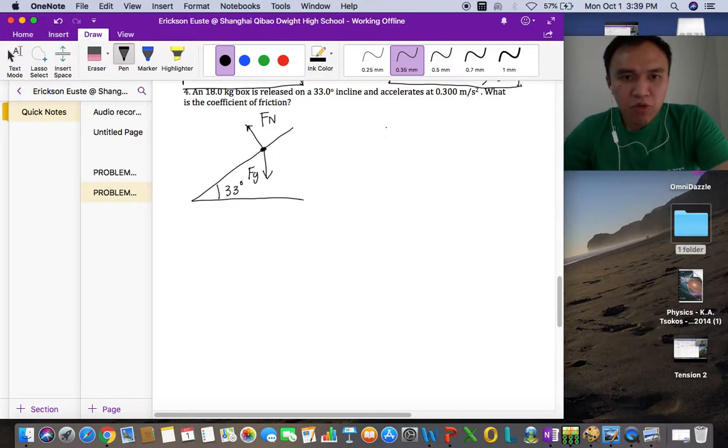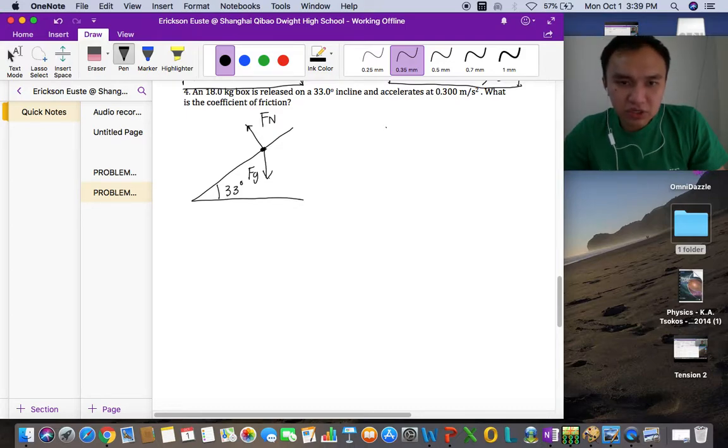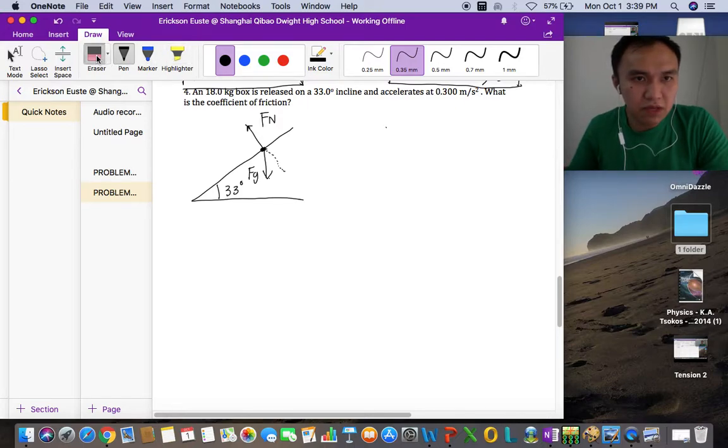However, we have 33 degrees as an angle here, so we need to make sure that we have the components for the x and y of the gravitational force. So this is the component of this. I'm sorry, it's not so straight.